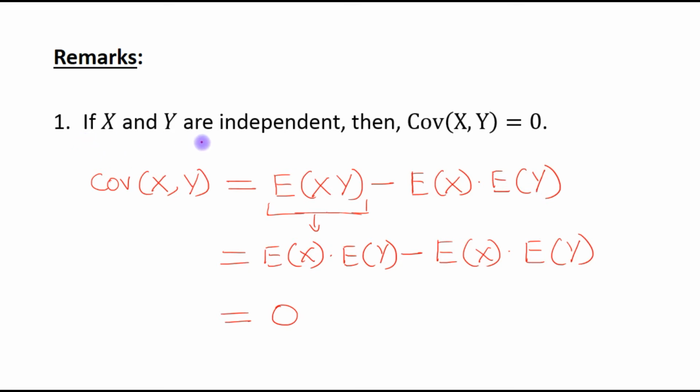So if x and y are independent, then covariance of xy equals to 0, but the converse need not be true. If covariance is 0, then there exists no linear relationship between x and y.